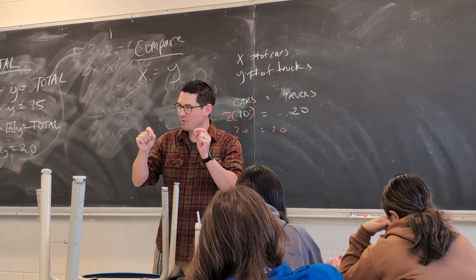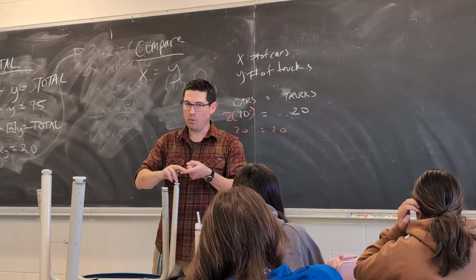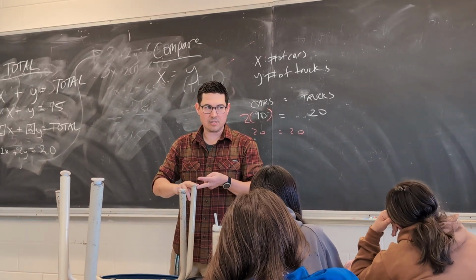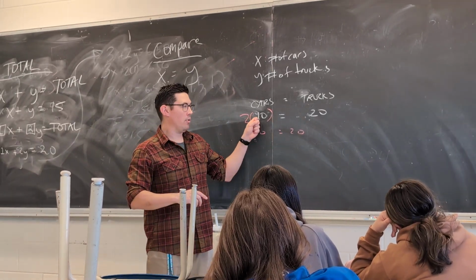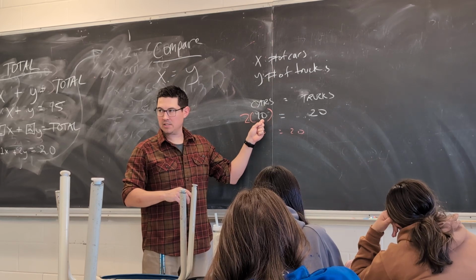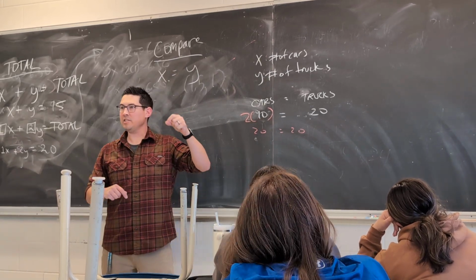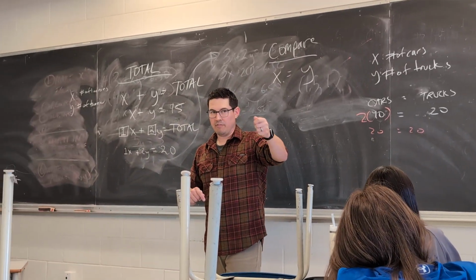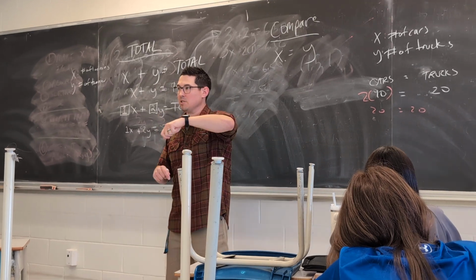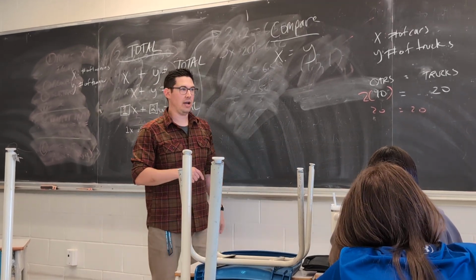Probably shouldn't give you this little hint, but I'll always say, give more to the one that has less. Give more to the one that has less. So if it said twice as many of this, give the 2 to the other guy. If it said 3 times as many as this, give it to the other guy. Okay?